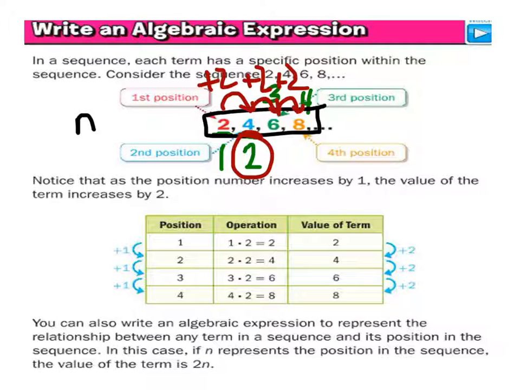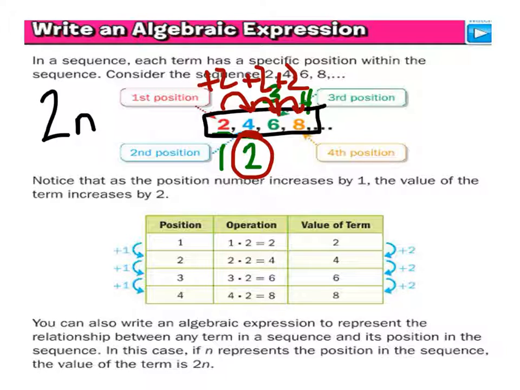To get the value of position 5, you'd add 2 to 8, right? But since we're adding 2 each time, does everyone see that this is just 2 times the position? Does that make sense?